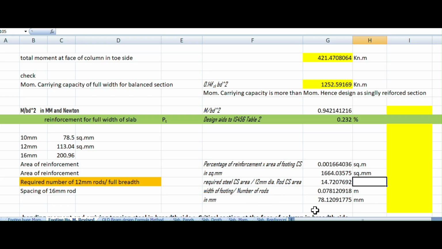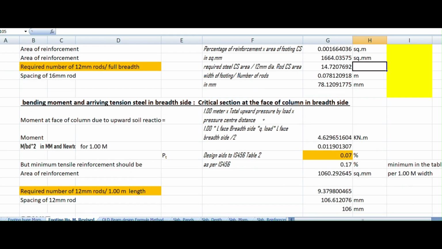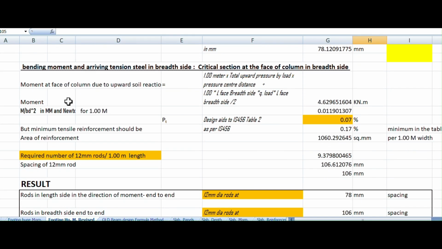So the spacing is 78.12 mm, the spacing of 12 mm rod in the breadth side. So the same thing we have arrived at in the longer side: 12 mm rod at 78.12 mm spacing.